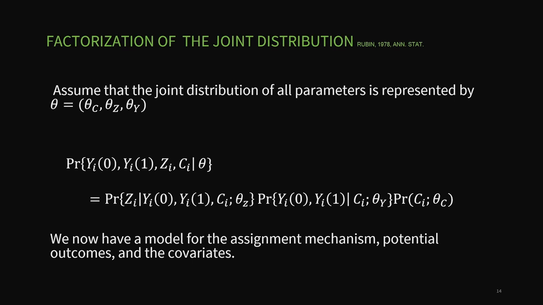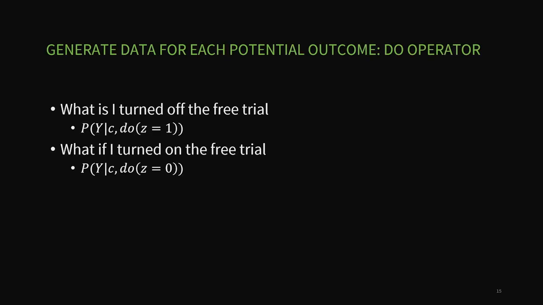Meaning we have no more unknowns there. We know all of our betas, we know Z, C, and Y. So what we can do is use the posterior information there under Z to get our two potential outcomes.